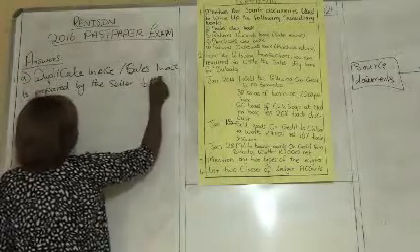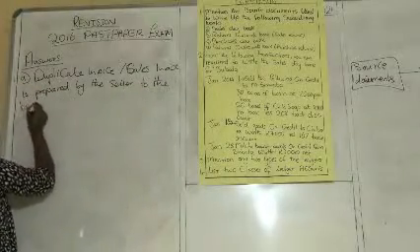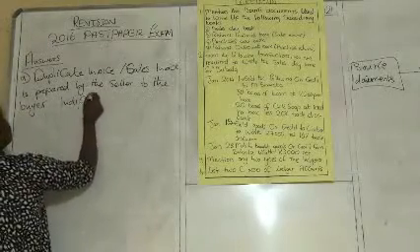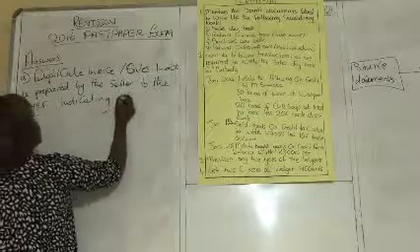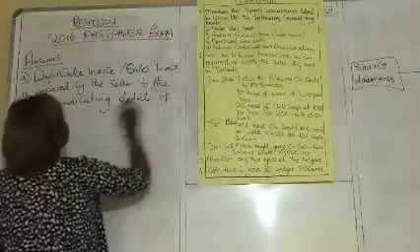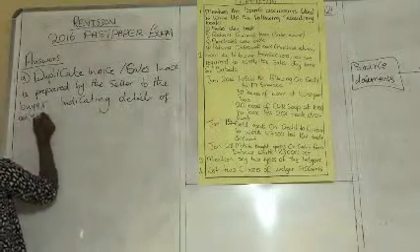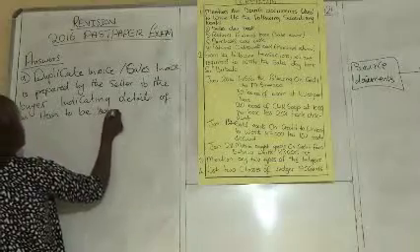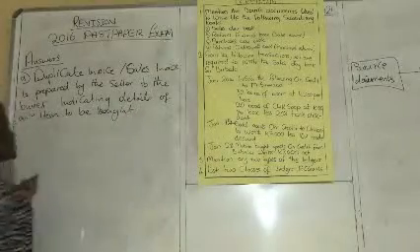To the buyer, indicating details of an item to be bought. What sort of details are indicated?